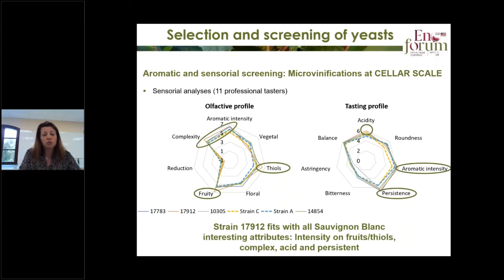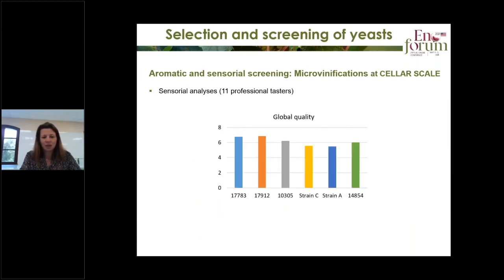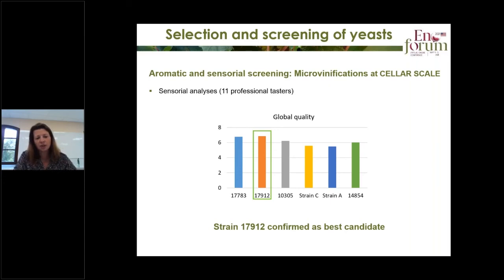So this is the best strain, and this strain is also the best in global quality. That's why it is selected for industrial test, multiplication and drying, and validation in the field. And Anne will present you this validation just after.